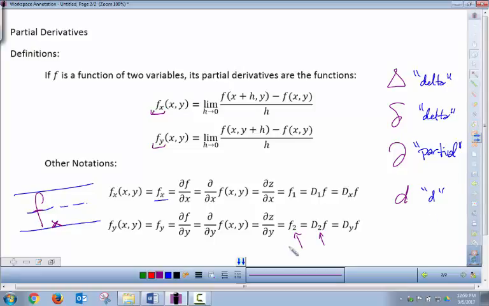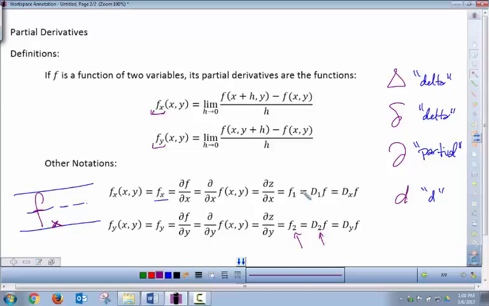So sometimes they start using numbers to denote your first independent variable, your second independent variable, your third independent variable, etc. So that's sometimes used as a notation. We in this class won't be dealing too much with functions of more than 3 variables, so we probably won't be using the number notation. But it does exist, just to let you know.